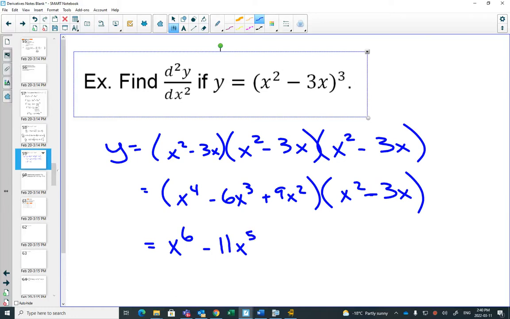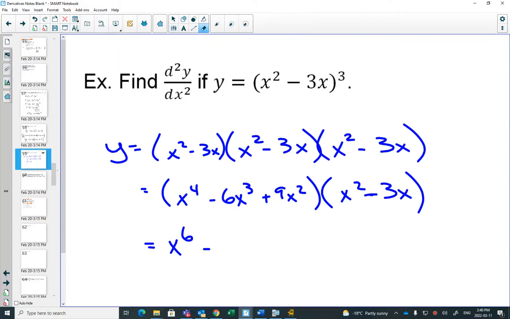I don't like that number. Am I doing something? No. Minus 9. Here we go. This would be minus 6x to the 5s. 6 and 3. Okay. Yeah, 6 and 3. I don't know where I got the wrong number. 9. I like that number better.